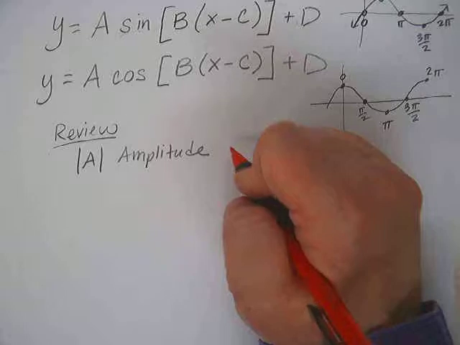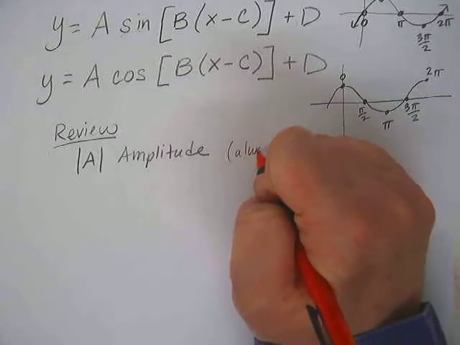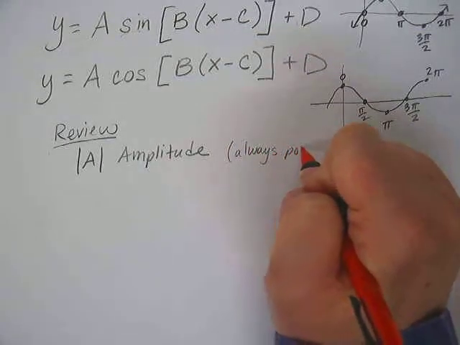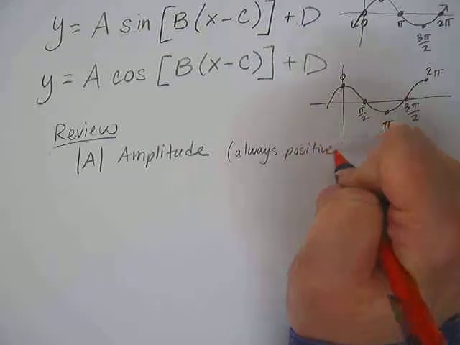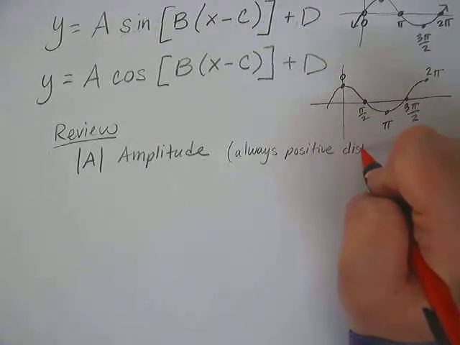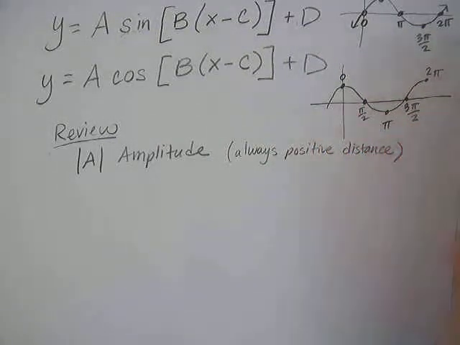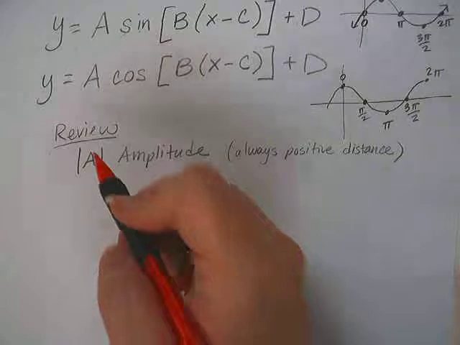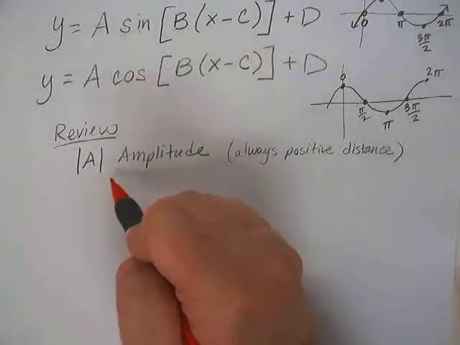It's a distance. So always positive distance. Do you need me to actually define amplitude again, or are you good? Okay, so it's like half the distance from top to bottom, right?